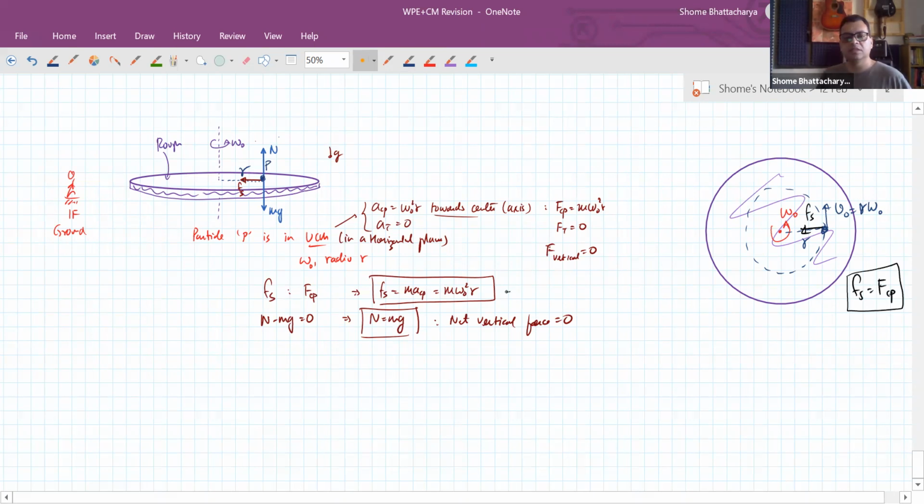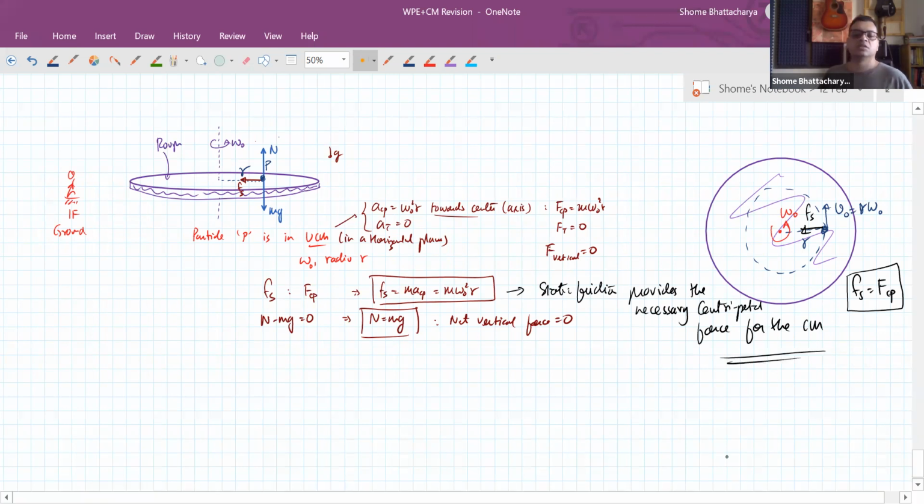So he's basically saying that static friction provides the necessary centripetal force for the circular motion. This is the meaning of what we are doing over here.